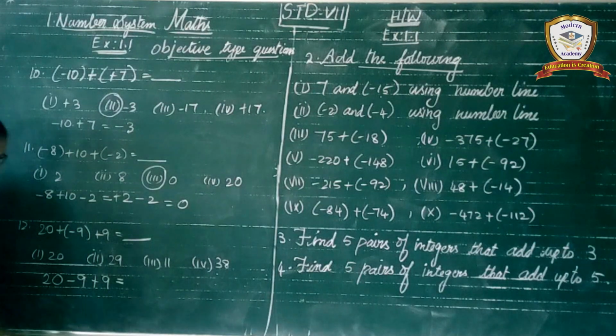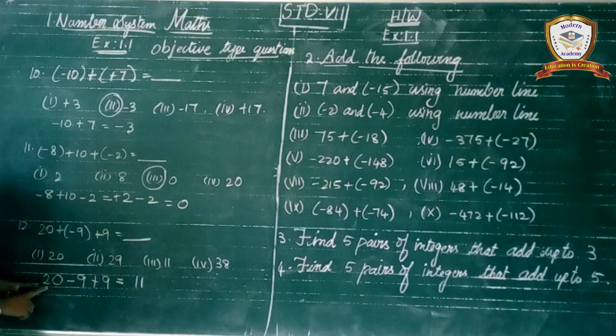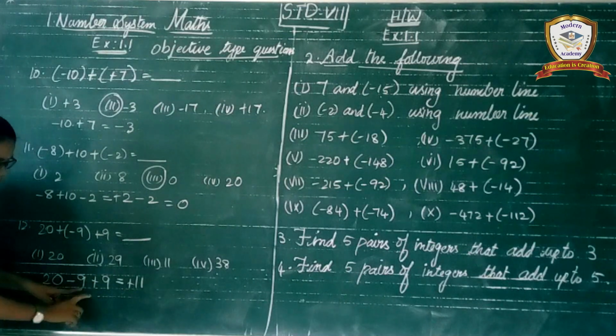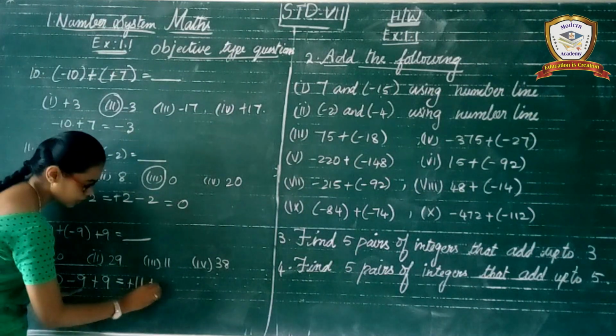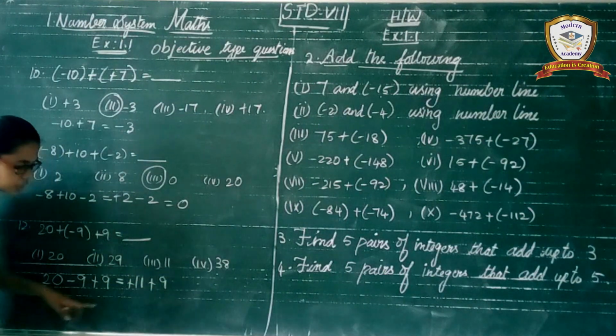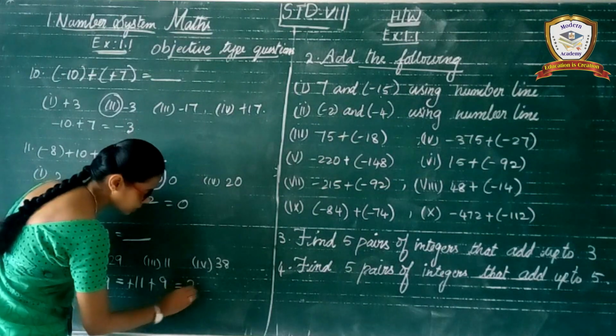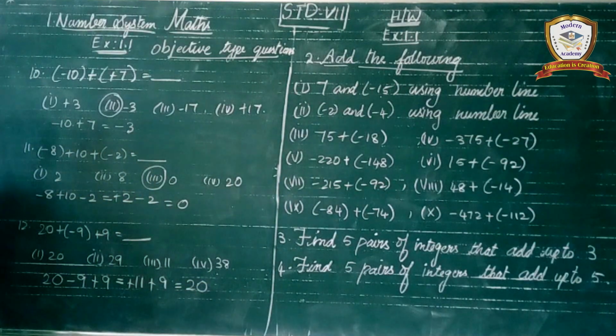So 20 minus 9, 11. So which is the biggest one? 20 in front of the sign plus. So you need to mention here plus in the answer. And remaining one integer. So we want to add and write here. Right? So these are positive means we add the numbers. So 11 plus 9, what's the answer? 20. Okay. So which option is here? First option.